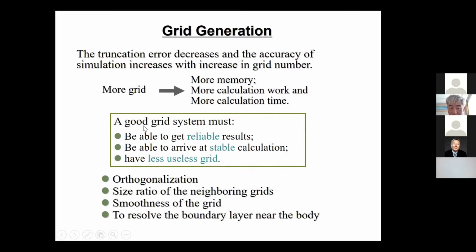A good grid system must be able to get reliable results, arrive at a stable calculation, and have fewer useless grids. So when we make a grid, we have to consider the oscillations of the grid, the size ratio of neighboring grids, meaning the expanding ratio, and the smoothness of the grid. And we have to put a lot of grids to resolve the boundary layer near the body. It's a problem particularly because we have a wall boundary layer.